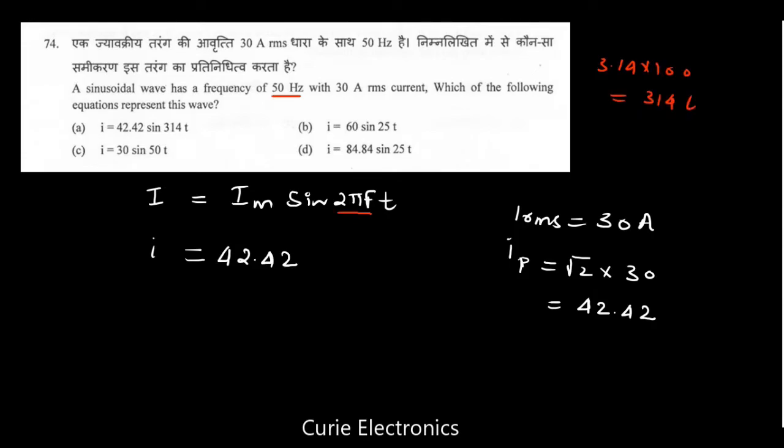T is left, so we get 314 t. So what we get is 42.42 sine 314 t. The answer is option A.